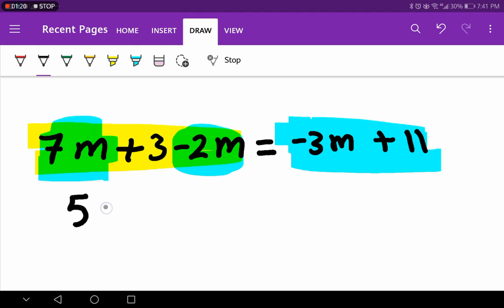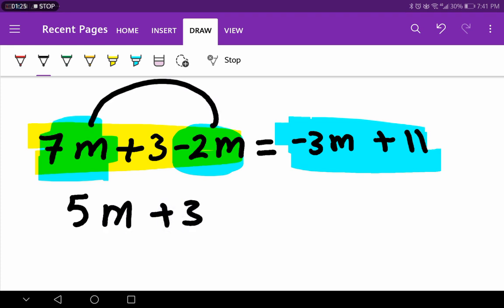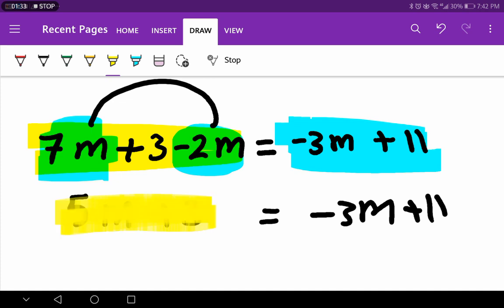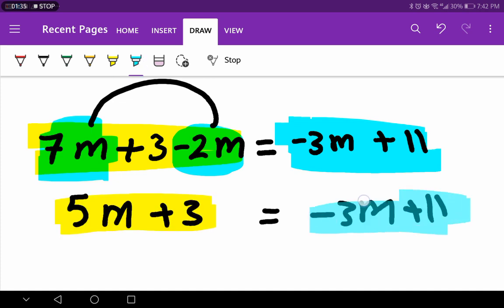So 5m plus 3, I combined this, equals negative 3m plus 11. As you see, I did not touch the right side, it is still as it is. So I'm done with this.